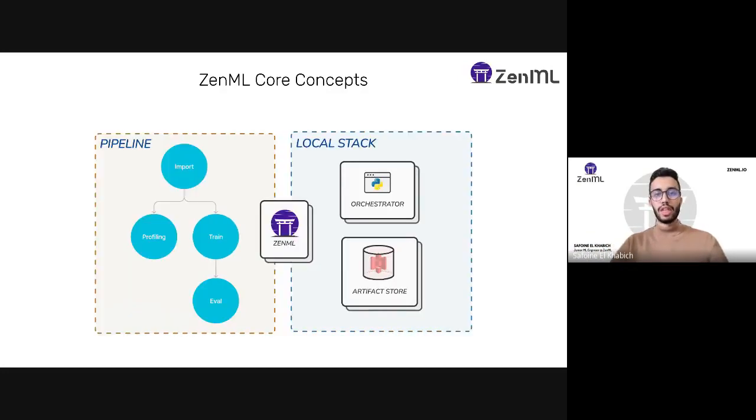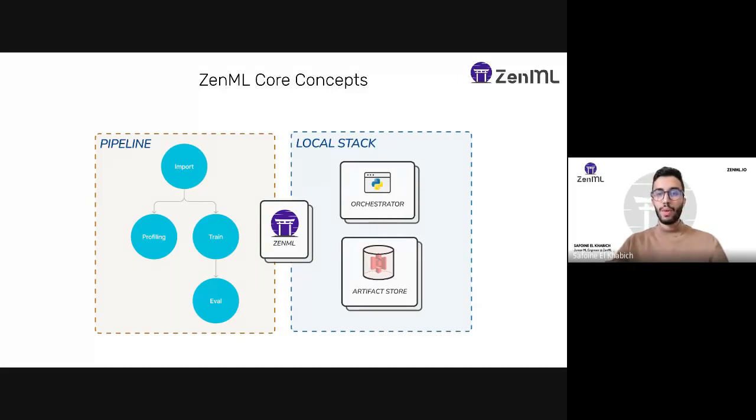The second most important concept is the stack and stack components. Basically, a stack is a group of stack components, and stack components are the underlying configuration that ZenML uses to take care of specific tasks or to connect and interact with specific tools.